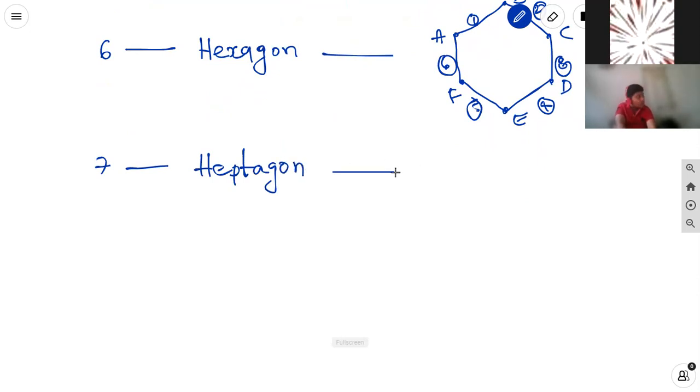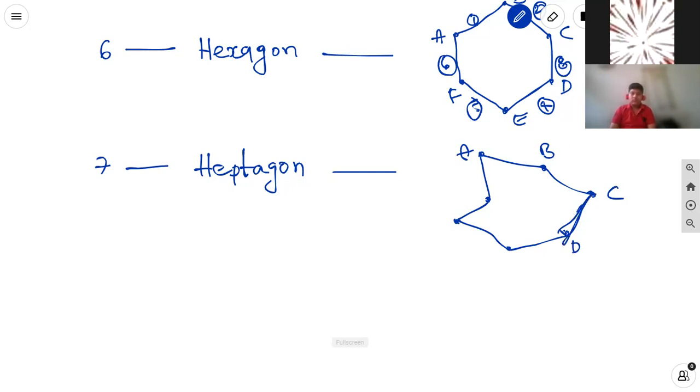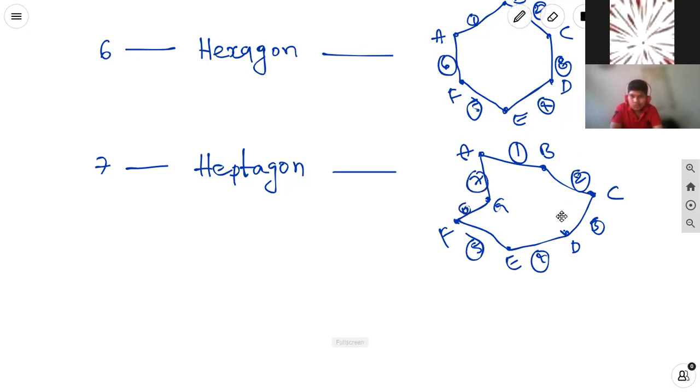Hepta means 7. 1, 2, 3, 4, 5, 6, 7. A, B, C, D, E, F, G. 7 line segments, 7 vertices.